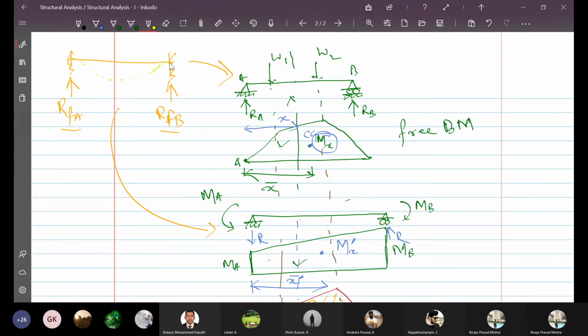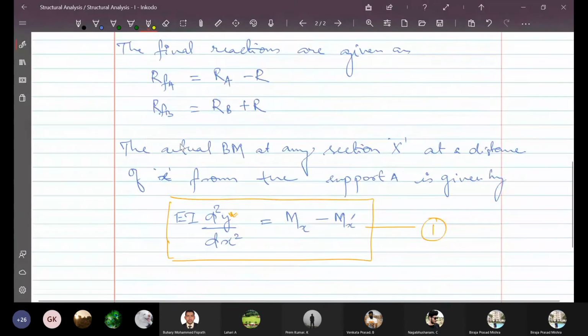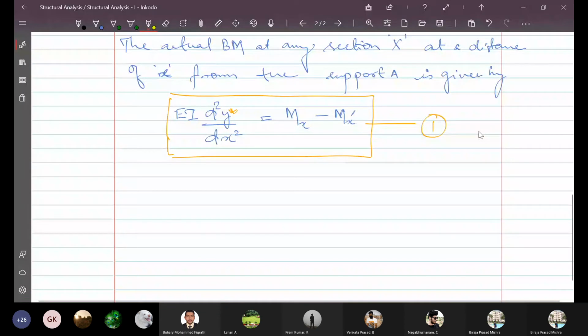Here at this end the slope will be 0, and here the slope will be 0, and in between we will have some value of y. That y we will get from the integration of this equation 1.